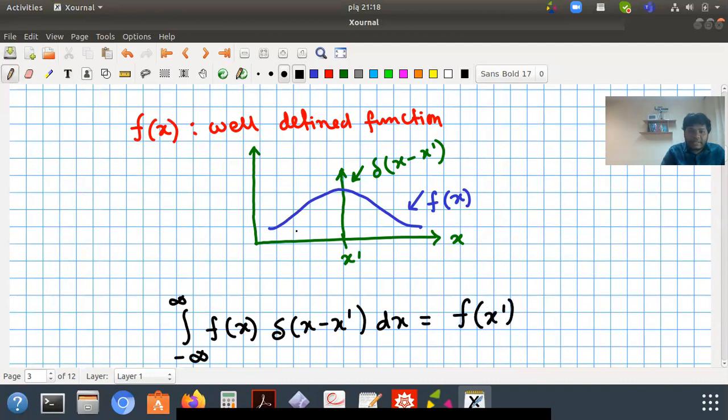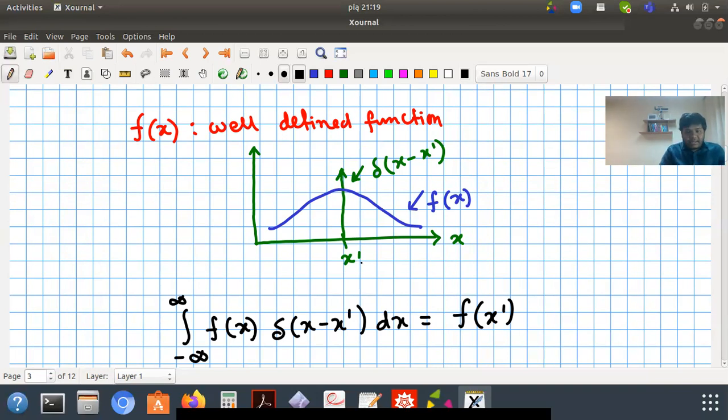Why? Because when x is not equal to x prime, your delta function is 0, so there is no contribution from minus infinity up to x prime, and also no contribution from x prime to plus infinity. We get a contribution only at x equals x prime, where f of x is nothing but a constant, meaning the value of the function at that point.